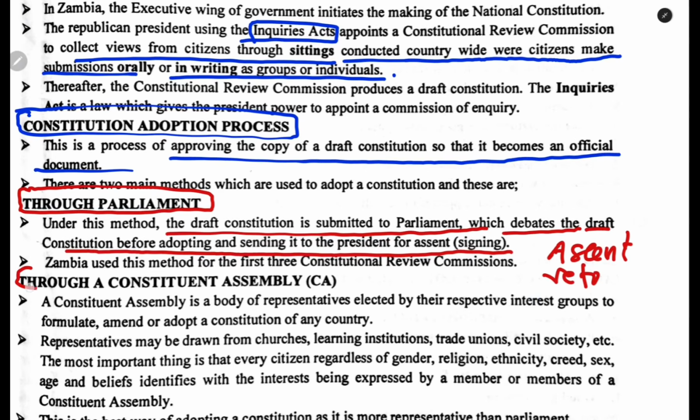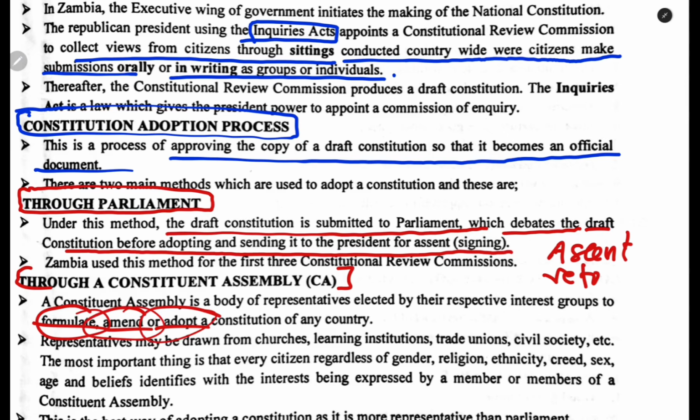Then through the Constituent Assembly, which is the CA, the Constituent Assembly can make and adopt the Constitution. As you know, the Constituent Assembly is a body of representatives elected from respective interest groups to formulate, amend, and adopt the Constitution of any country. So formulate, amend, and adopt.